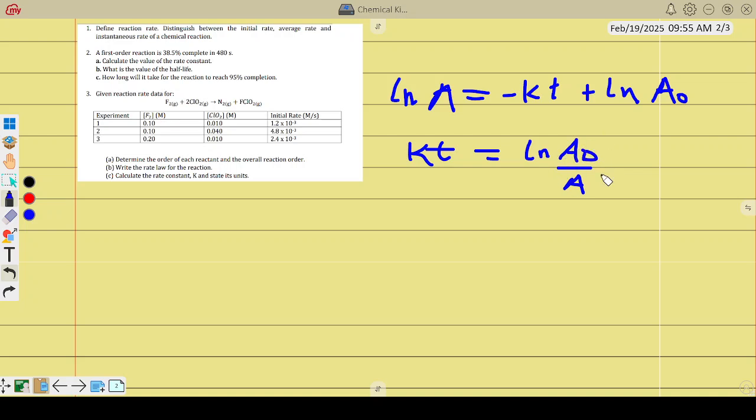So by now you understand that when I write this ln A naught over A, it simply means this has gone to the other side. When it's minus, it becomes a fraction, right? How long will it take for the reaction to reach 95% completion?